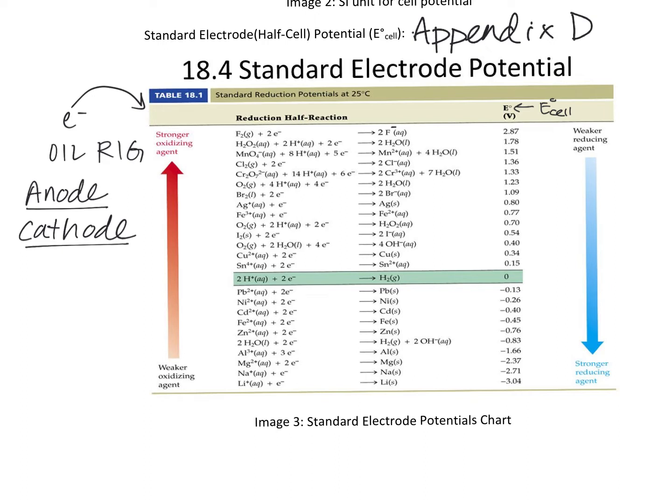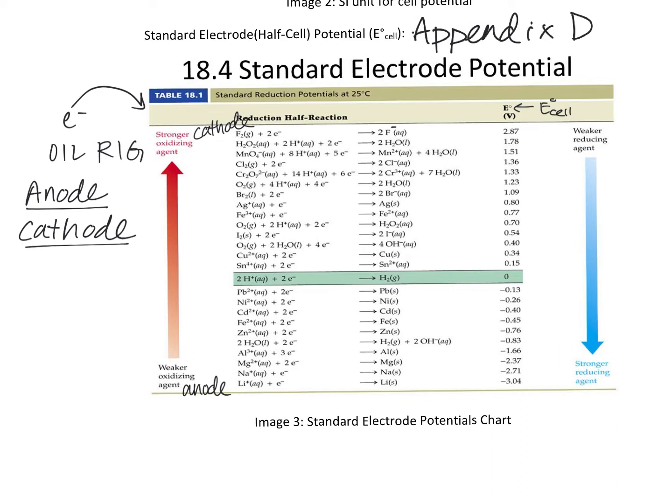So it's just telling you how likely they are to be reduced compared to each other. As you're looking at this chart, the ones on the top, the ones with the higher positive, are more likely to be reduced or more likely to be the cathode. The anodes are the ones at the bottom.